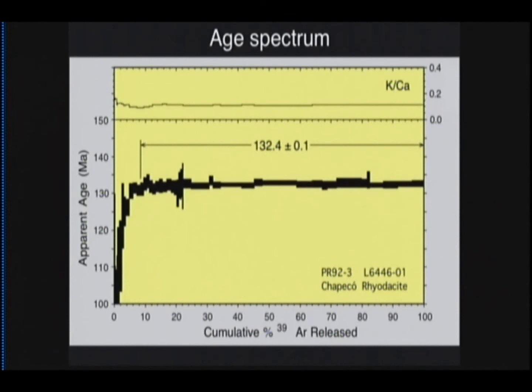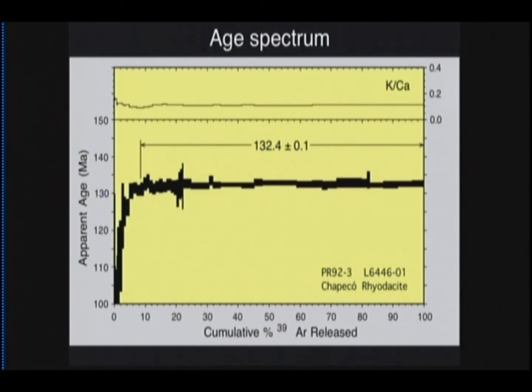And in this case, we see ages that are significantly younger climbing up to this plateau age, so-called, of 132.4 plus or minus 0.1 million years. Now, notice that this is another example in which this potassium-calcium ratio becomes very useful to interpret what this means.